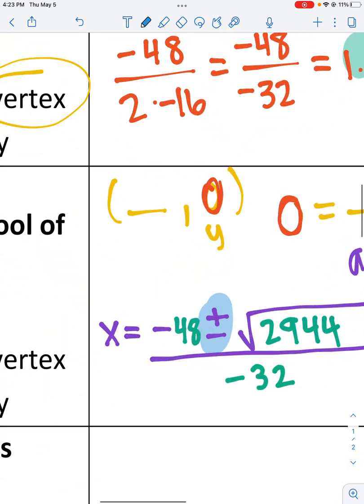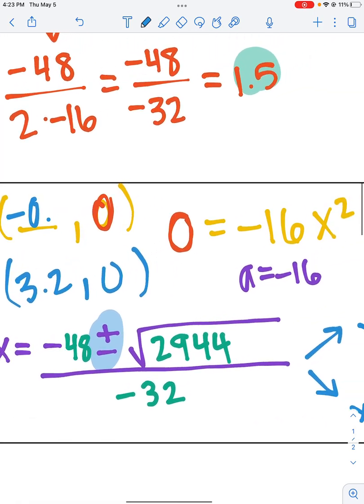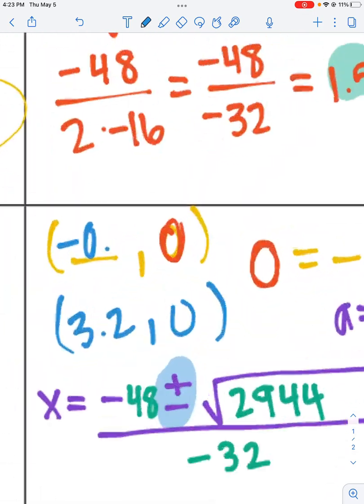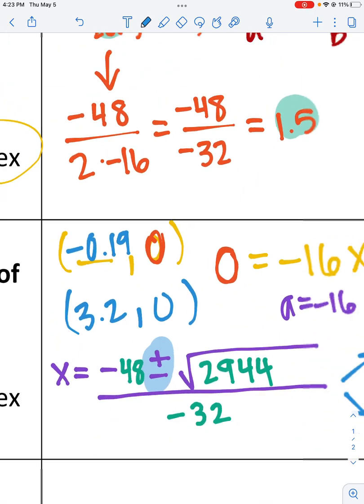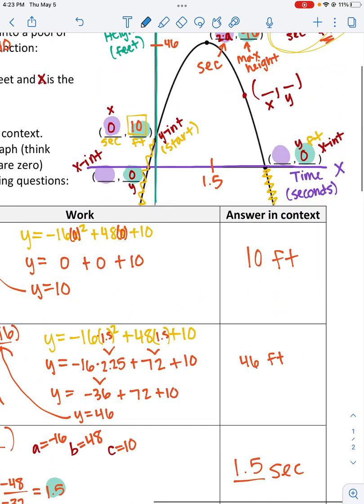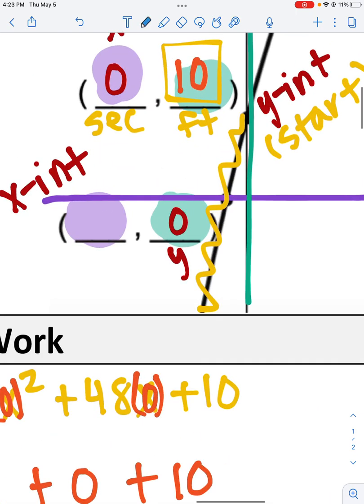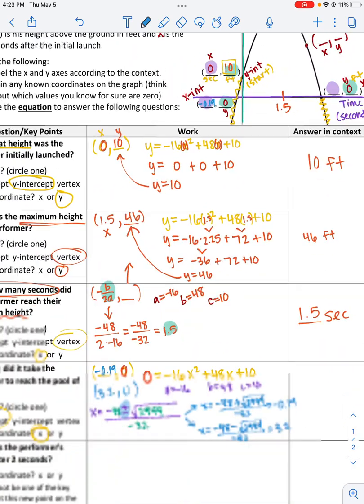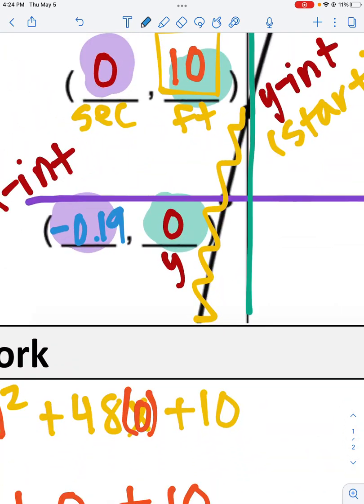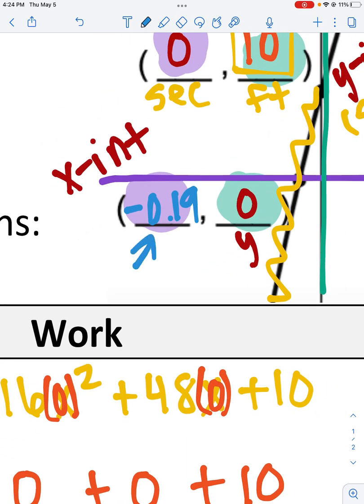So we actually have two of these, the 3.2 and the negative 0.19. But if I go back to my graph, we saw where I had the two x-intercepts here and here. So the negative 0.19 would be there, but we already said that we're ignoring that because we're not going to have negative time.